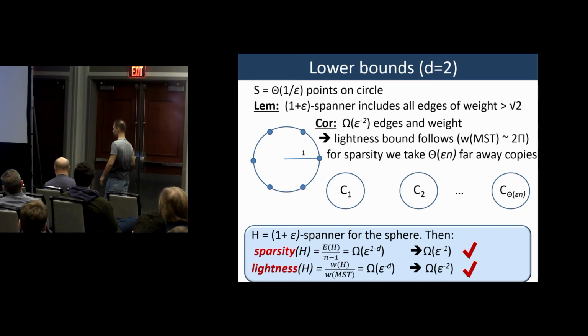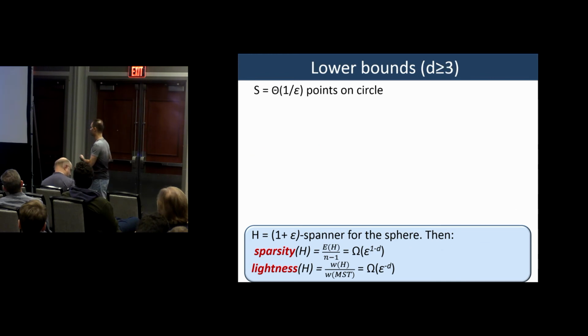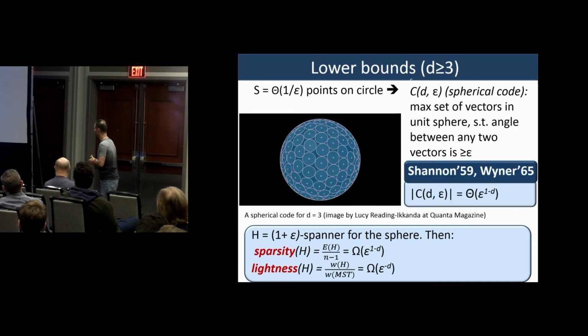In d dimensions, we use this simple observation. Some tweaks make it work in d dimensions, but we also combine it with known packing arguments, classic arguments. They are known maybe as spherical codes.